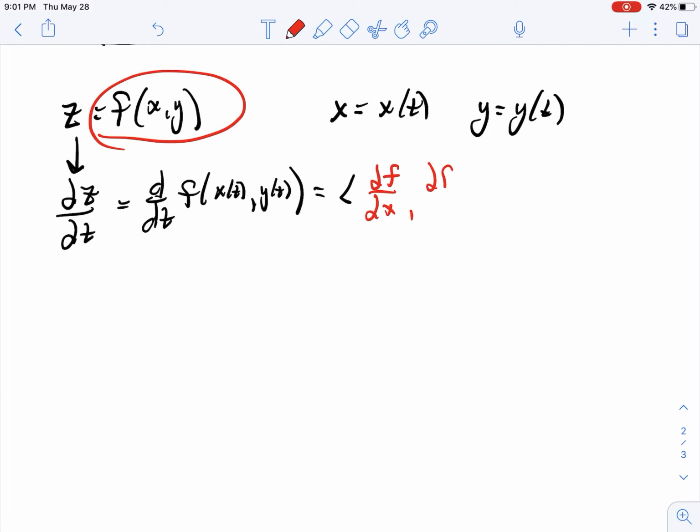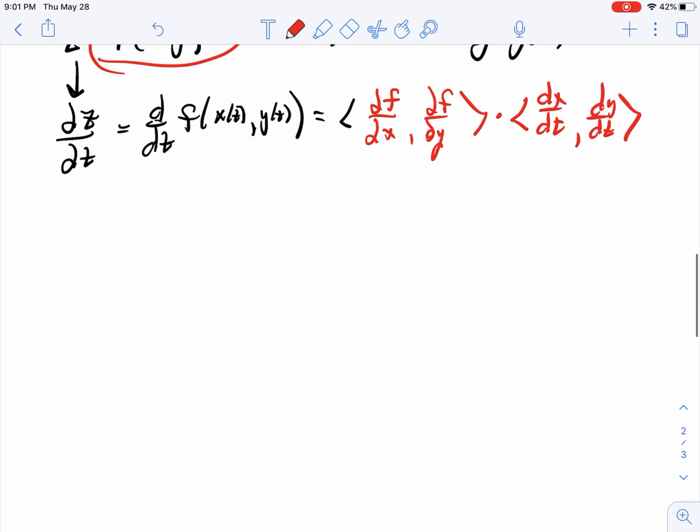So you have the partial derivative of f according to dx, and then partial derivative of f according to dy, and then we're not doing the directional derivative, just doing the derivative. Therefore, this would be like your c of t, doing the derivative of dx/dt and dy/dt.